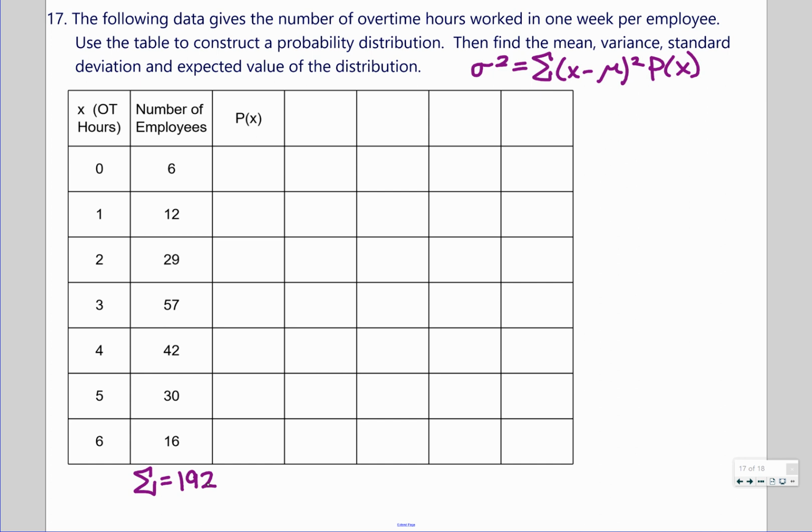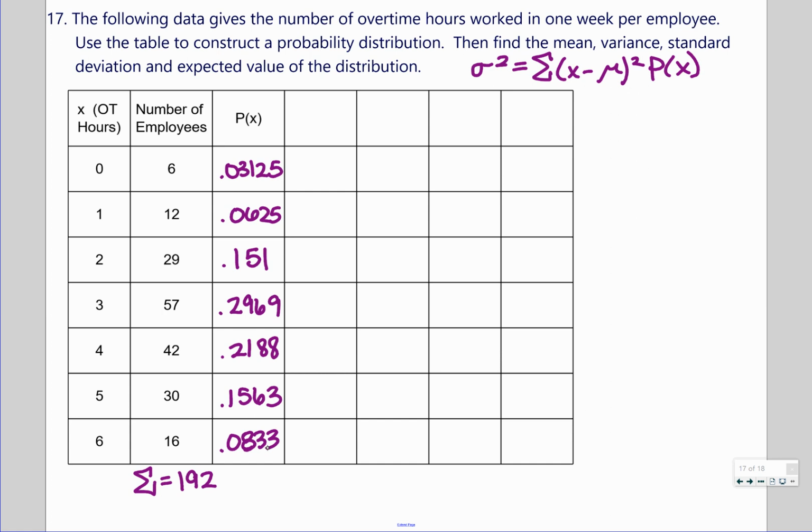So 6 over 192 gives me, I'm going to try not to round this too much right now, that guy. 12 out of 192, 0.0625. 29 out of 192, that one I'm going to have to round, 0.151. 57 out of 192, 0.2969. 42, 0.2188. 30, 0.1563, and 16, 0.0833.